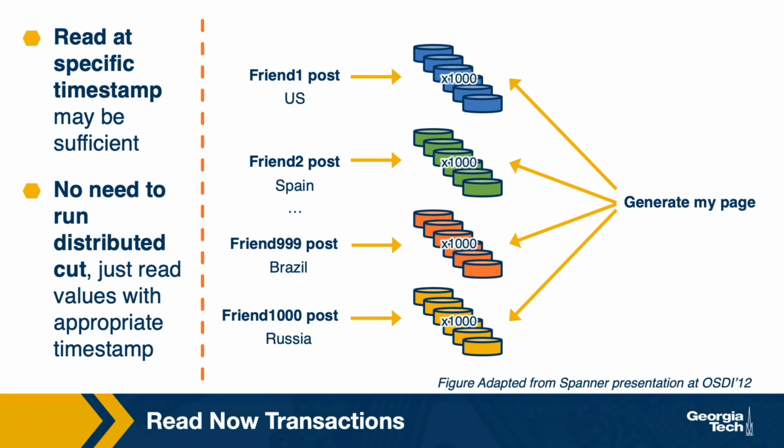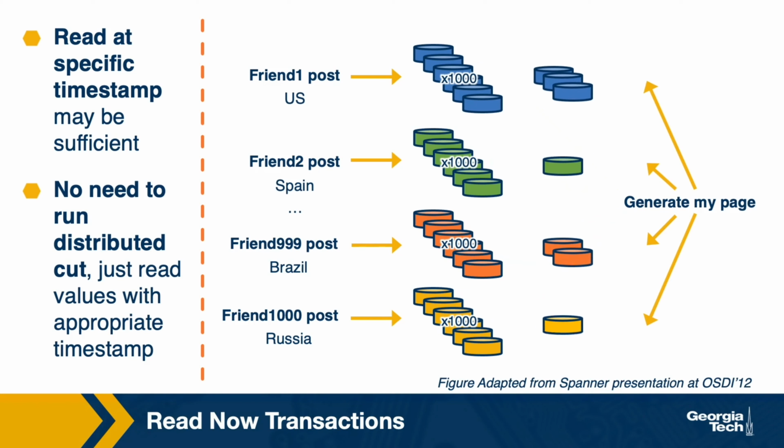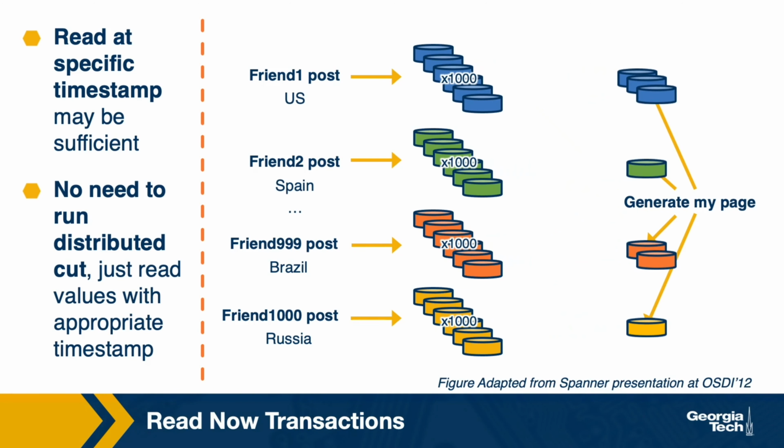But here, because we're guaranteed that the timestamps for the transactions do reflect correctly their external ordering, we can essentially take a snapshot of the system and then read all the values that we need, matching up their versions based on the same set of timestamps, and that's going to satisfy these kinds of read operations that want to read at a specific timestamp in the past. So this can be achieved much more easily than if we actually had to run a distributed cut algorithm.